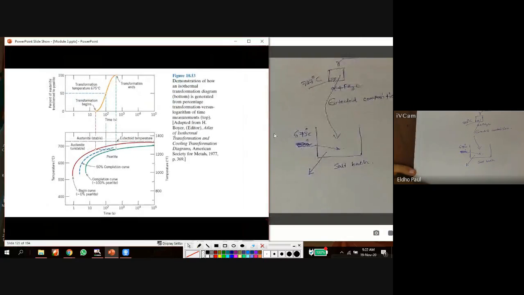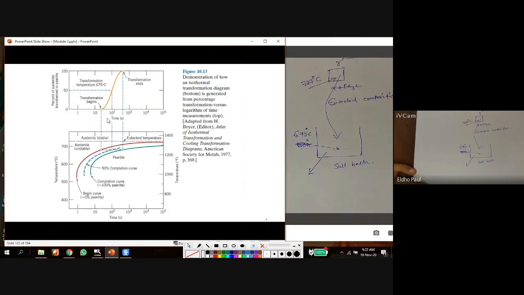Here the x-axis is time, in logarithmic scale. So at this point, we can say at 20 seconds, the transformation begins.